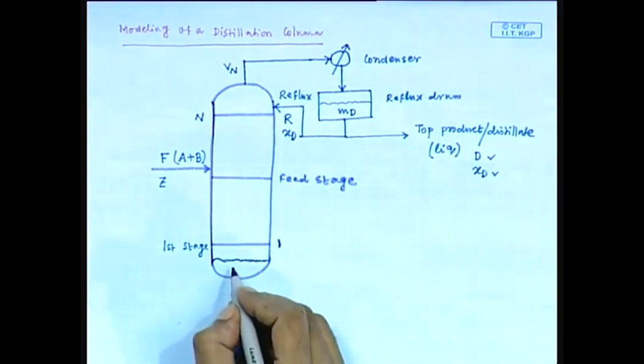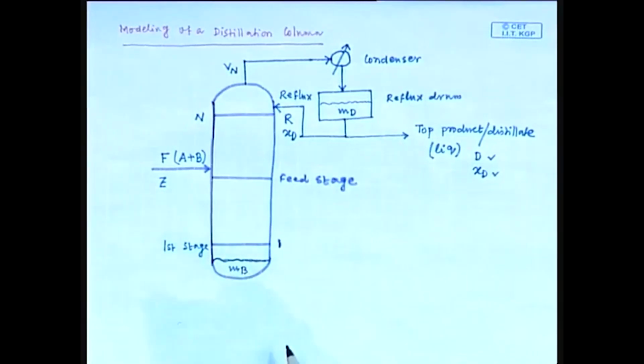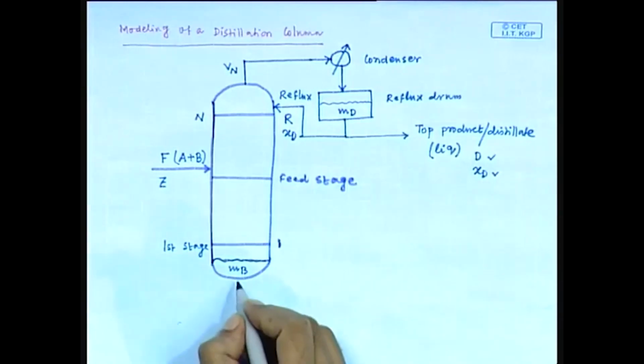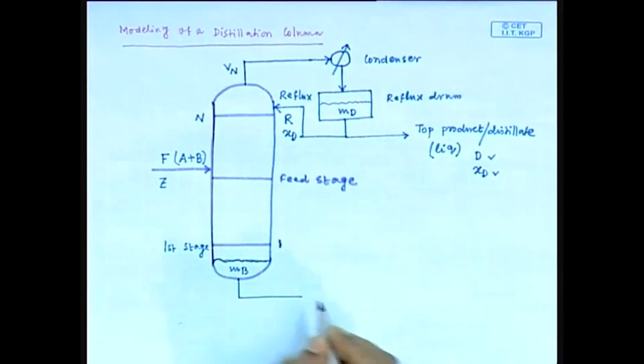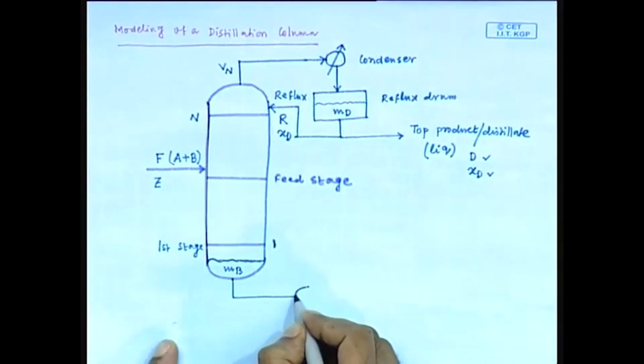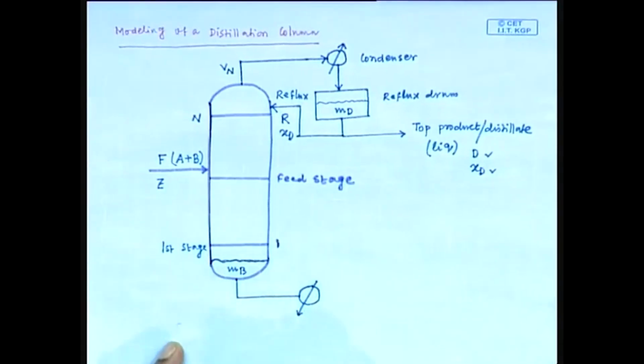Suppose the holdup in the column base is M suffix B. Now, this liquid then goes to a bottom reboiler and vaporization of liquid occurs in this reboiler.